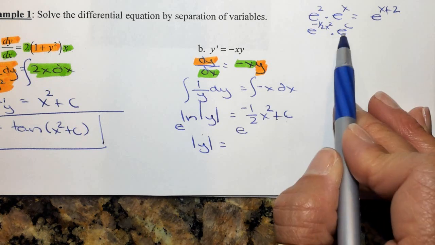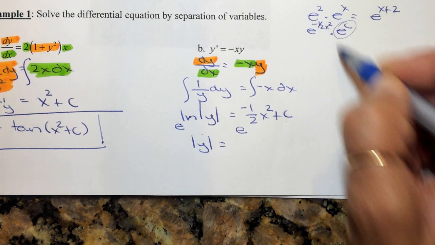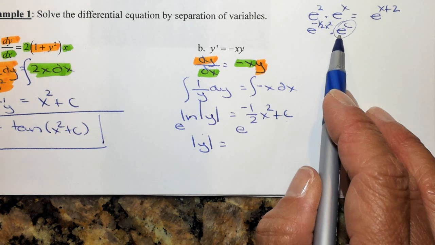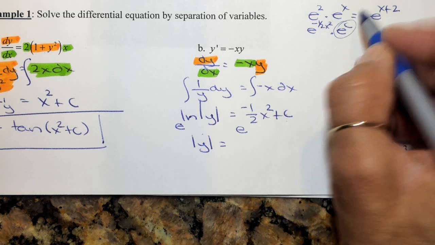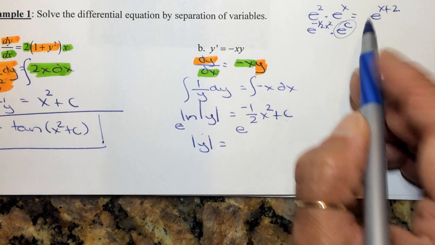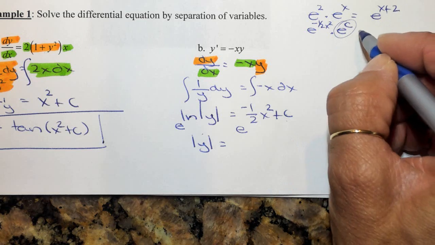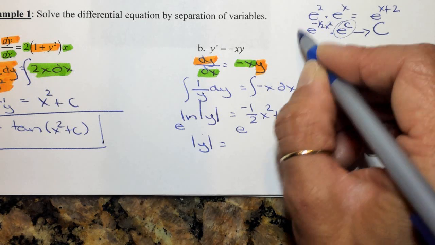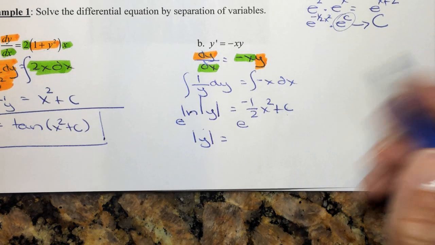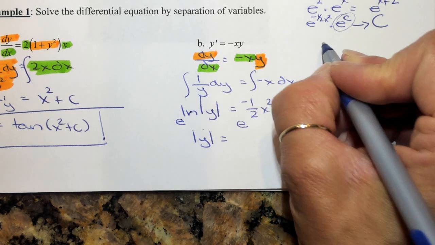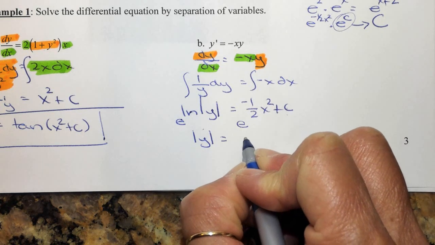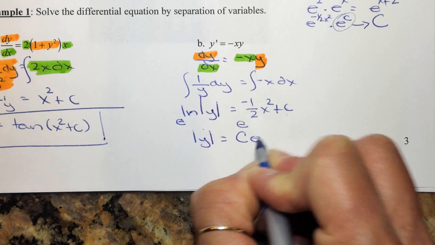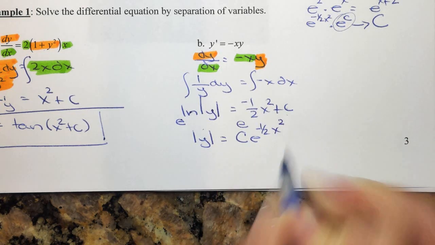If c is a number, that means this is just a constant value of some kind, because this would be 2.7 to whatever that constant value is. So what we can do is make this one big fat c and move it to the front. So typically what you're going to see is something like this. C e to the negative 1/2 x squared.